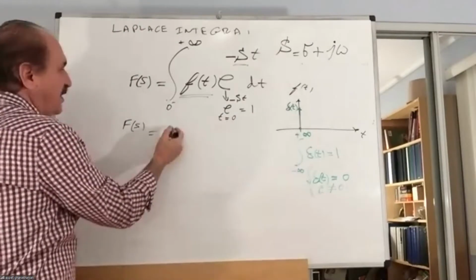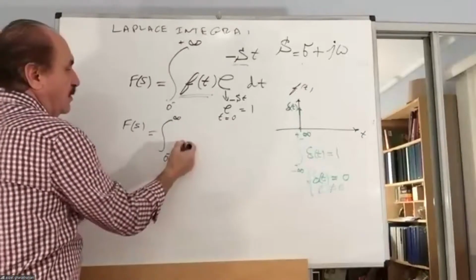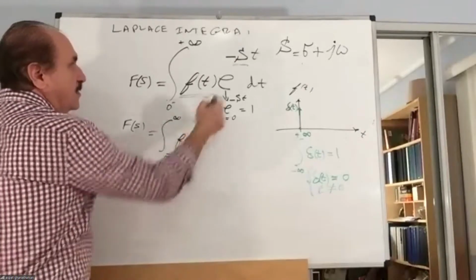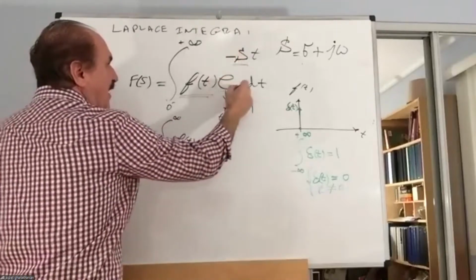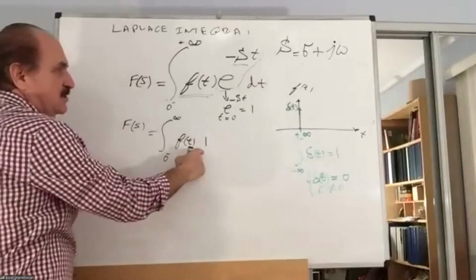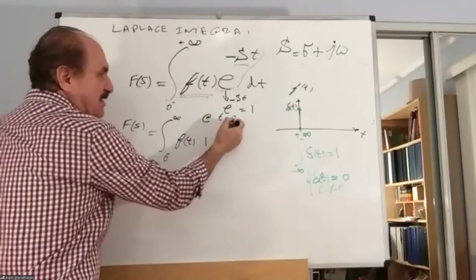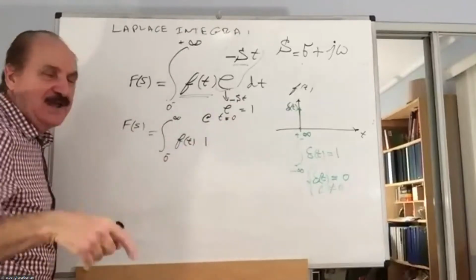So f of s is equal to the integral from 0 minus to infinity of f of t. Instead of that chunk here, e to the minus st, we will put 1. This is the value of e to the minus st at exactly t equal to 0. The exact t equal to 0.